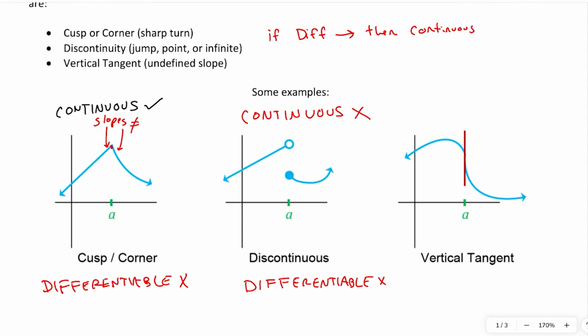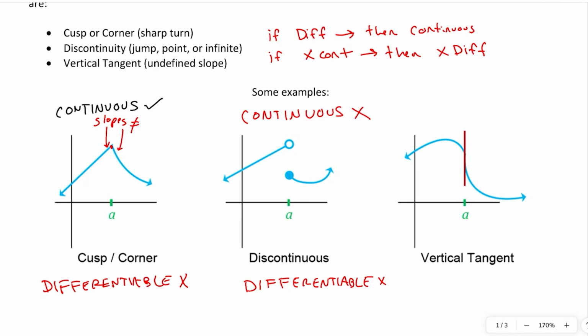You don't need to know the word contrapositive, but basically what it's saying is, if it's not continuous, then it's not differentiable. And those are logically equivalent statements. Those two statements mean the same thing.